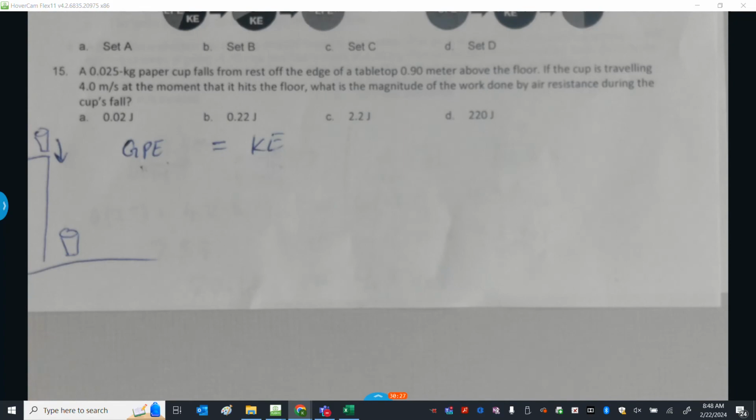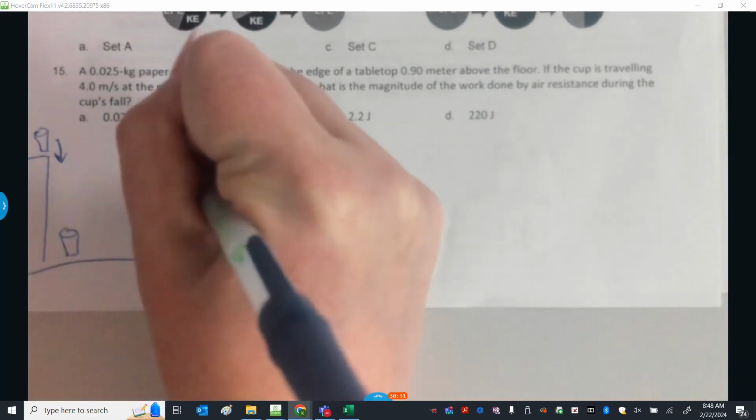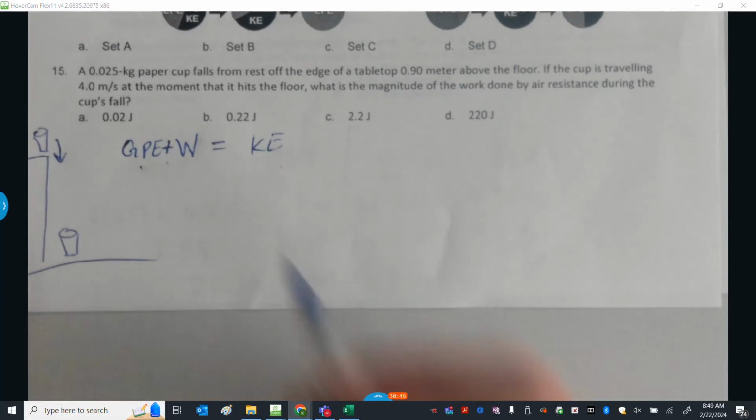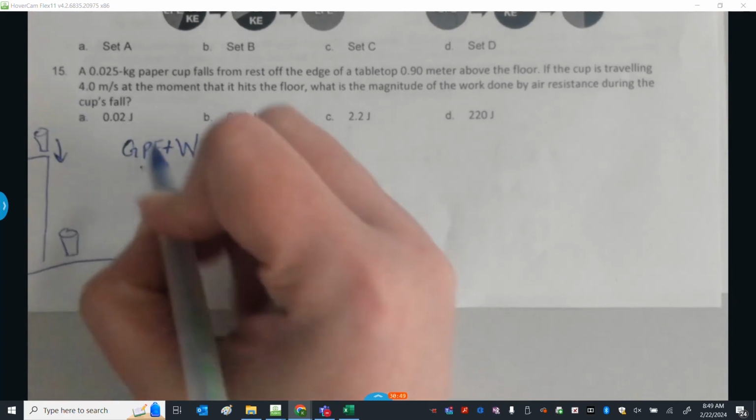Or you can build it into your equation by adding work to the formula that you're using. GPE plus work, it always goes on that left-hand side. That's the only way you're going to get the right sign. GPE plus work, it will be negative work if it's air resistance, equals KE. So let's go ahead and find that GPE. GPE is mass times gravity times height.